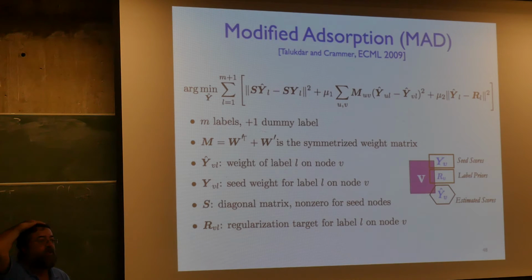If you're closer to the dummy label than you are to any of the seeds, then maybe none of the seeds really apply. So it gives you an option for abstaining. The main reason for doing that is when you have lots and lots of possible classes.